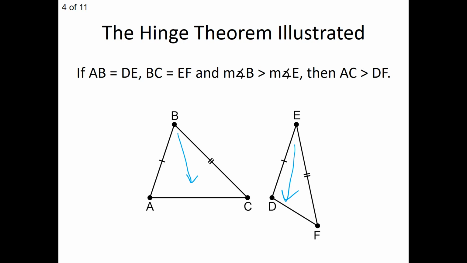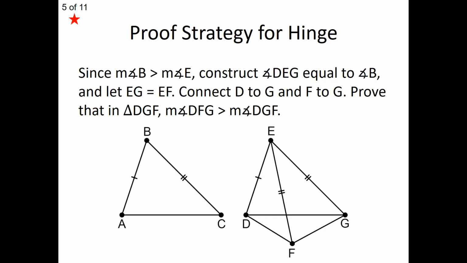Now, when we jump into this proof, it has quite a unique construction to it. So let me walk you through our constructions first, and then we'll jump into the proof. The proof is a bit tricky, which is why I'm going to guide you through this in the video notes here. So where our construction begins is, since we are given that angle B is greater than angle E, that means we can measure and make measure.